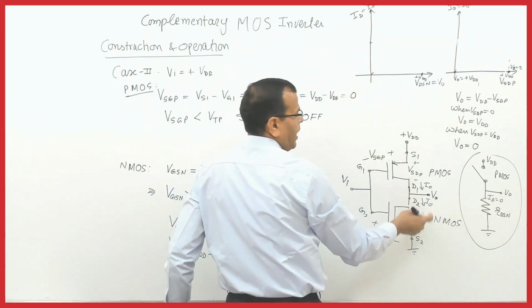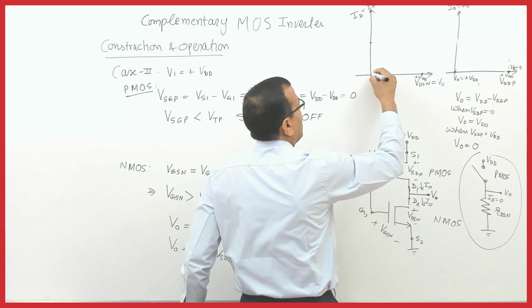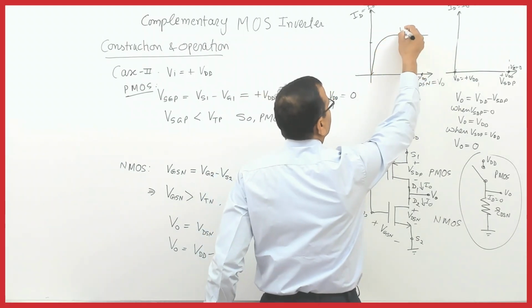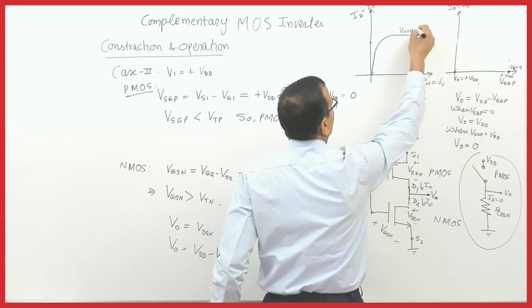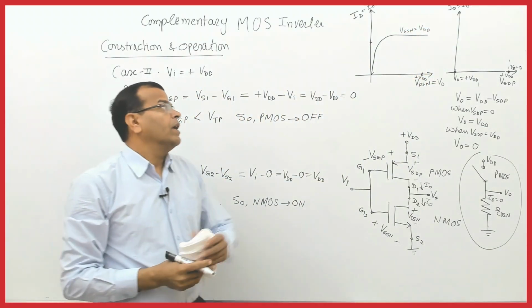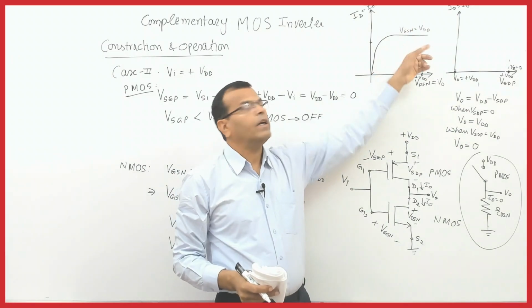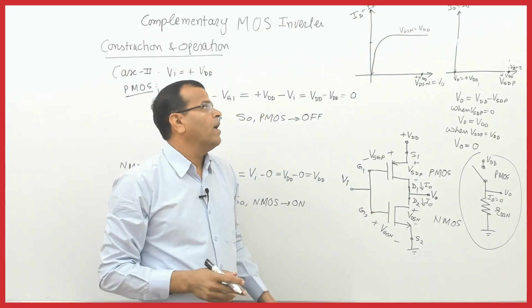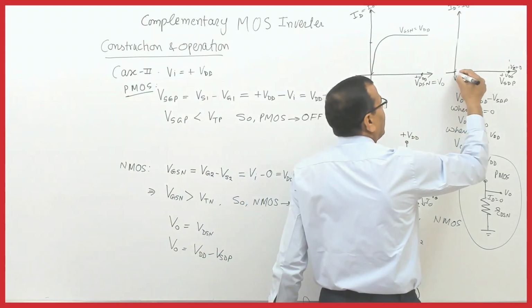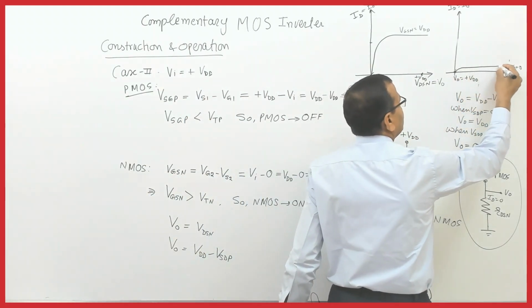So here NMOS is on and the gate to source voltage is VGSN. So this is VGSN equal to VDD. That must be the characteristic when the gate to source voltage is large. Fine. But PMOS is off here. So if you talk about the characteristic of PMOS, it must be like this.